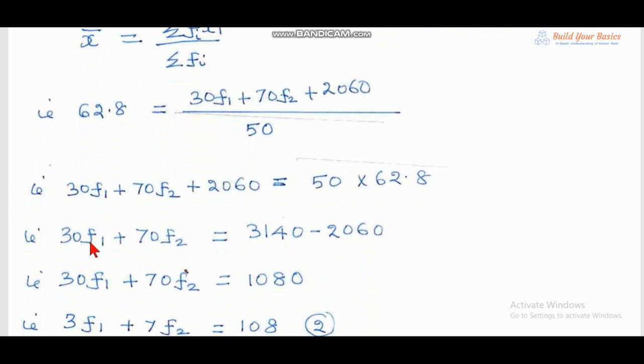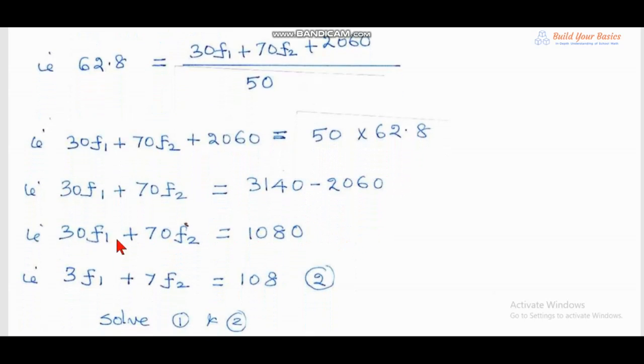That is 30 f1 plus 70 f2 is equal to 3140 minus 2060. That is 30 f1 plus 70 f2 equal to 1080. We can divide throughout by 10, getting 3 f1 plus 7 f2 equal to 108.